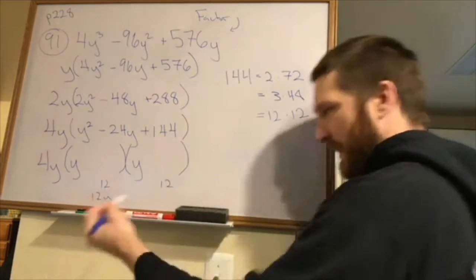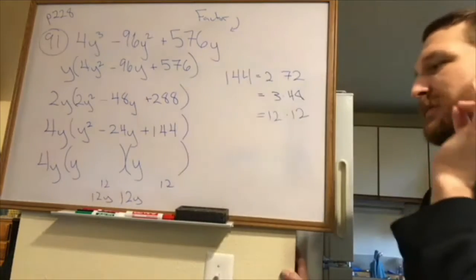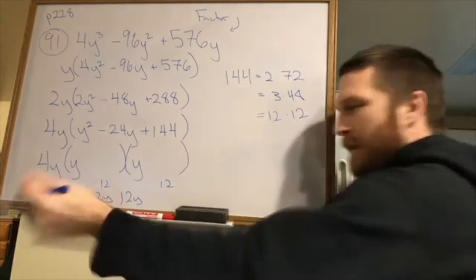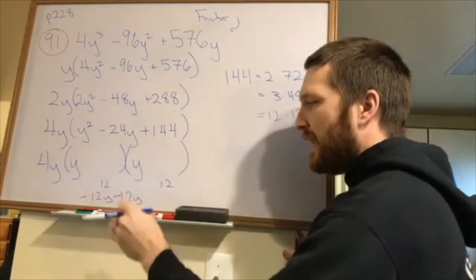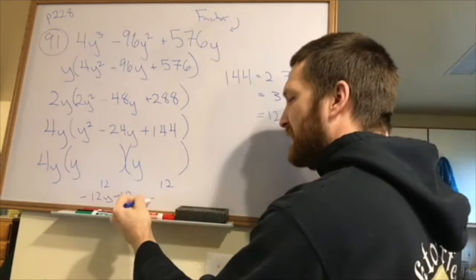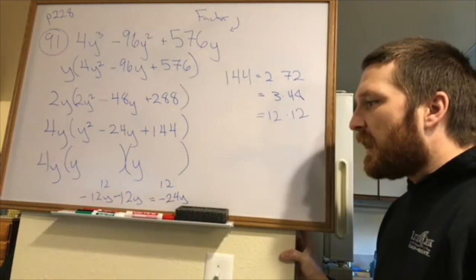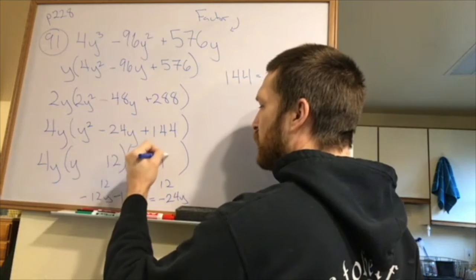And 12y. Is there a way we could combine those to give me negative 24y? I'll make them both negative. If they're both negative, we have minus 12y. Minus 12y does give me minus 24y. And so what do I need? We're already sure that this needs to be 12 and 12.